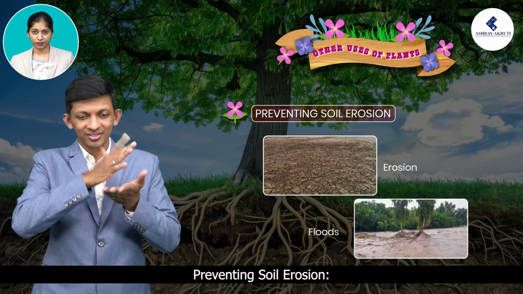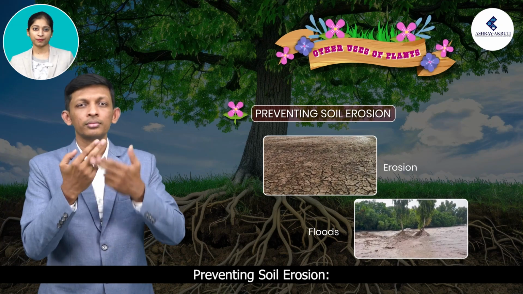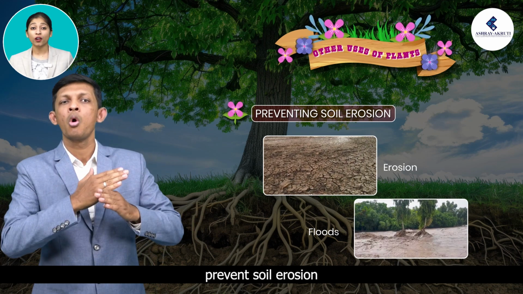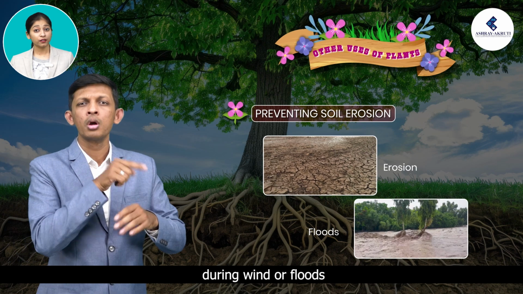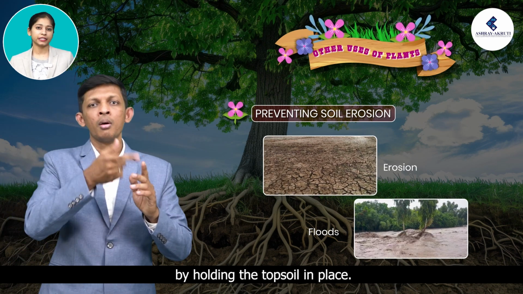Preventing soil erosion: thick plant growth helps prevent soil erosion during wind or floods by holding the topsoil in place.